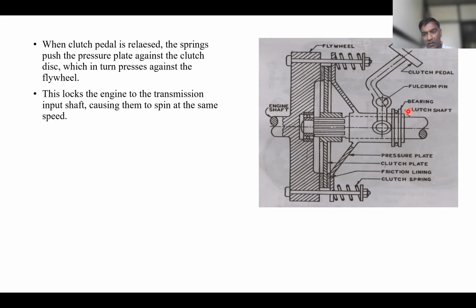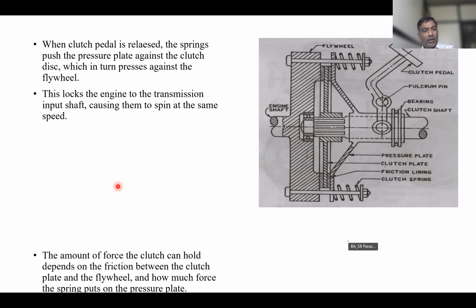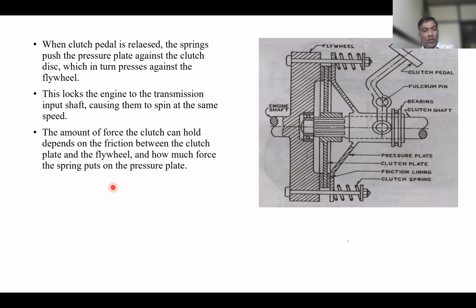Because of that, this clutch shaft is going to be rotated, and this clutch shaft is nothing but the input shaft of the transmission box or the gearbox. So the next aspect: the amount of force the clutch can hold depends on the friction between the clutch plate and the flywheel, and how much force the springs put on the pressure plate.